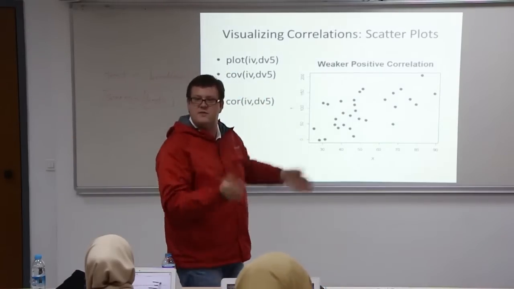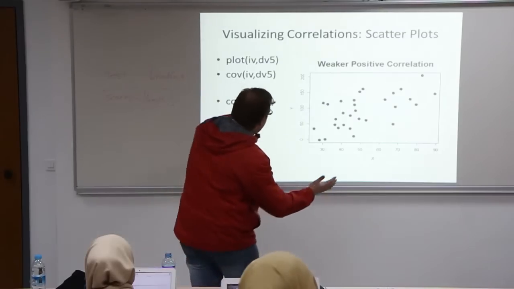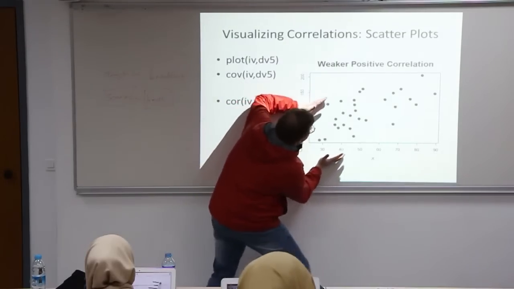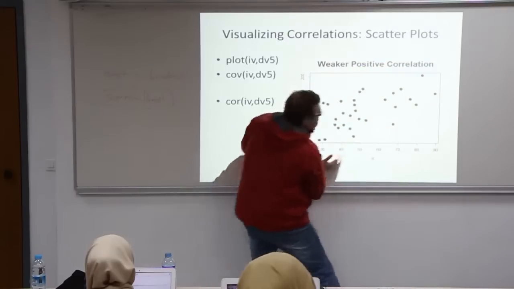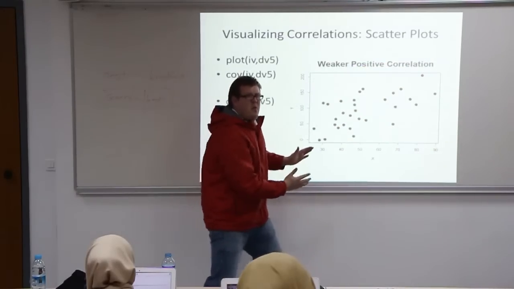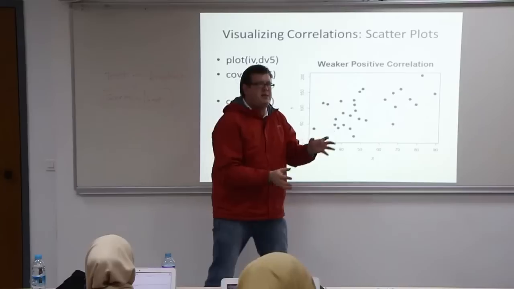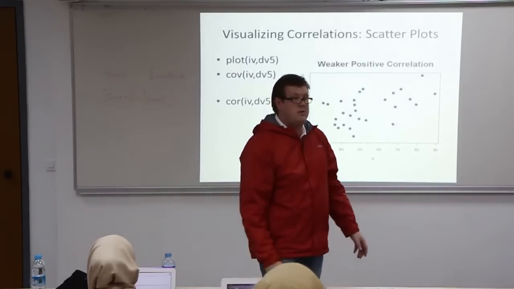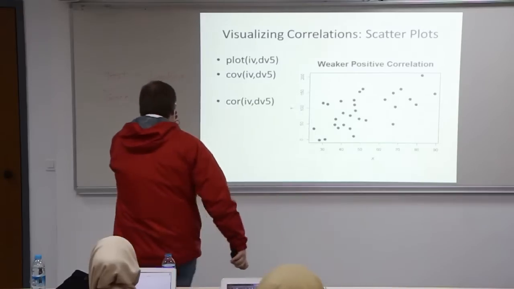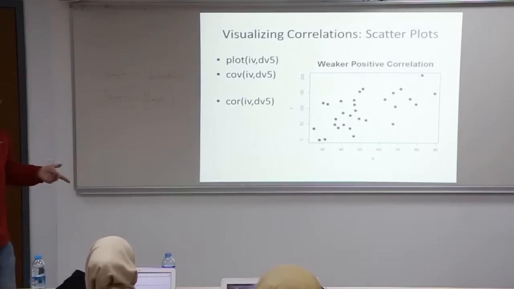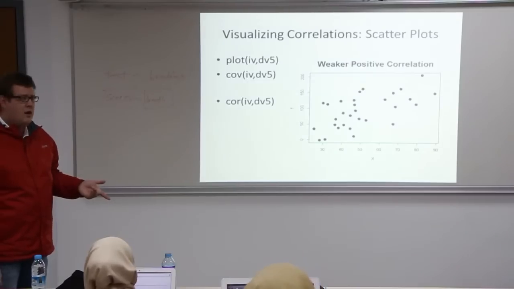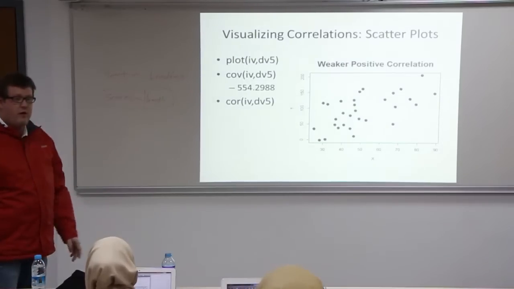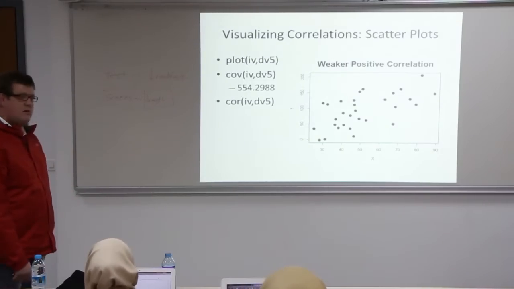To me, it looks all sort of spread out. But yeah, generally, I guess you sort of have this increase, right? As x goes up, y tends to go up, but things are a lot more scattered about. So the covariance was what? 554. And the correlation was what?